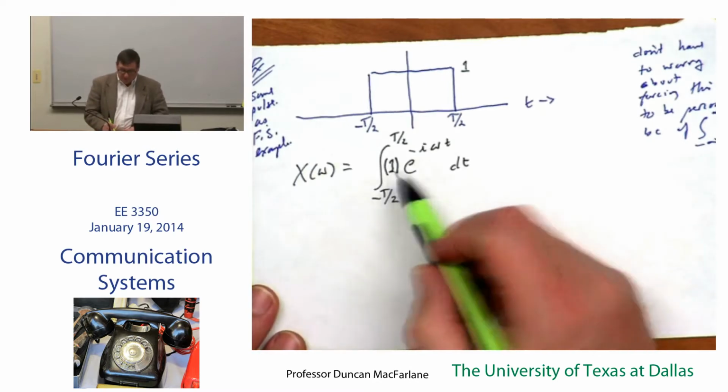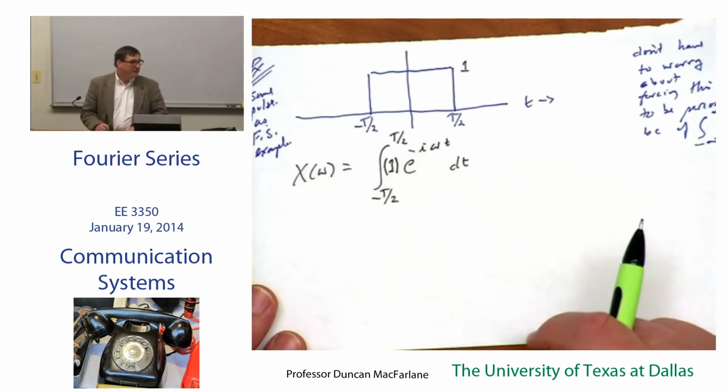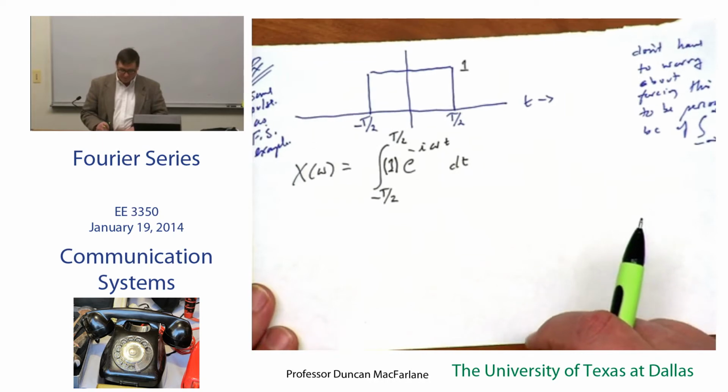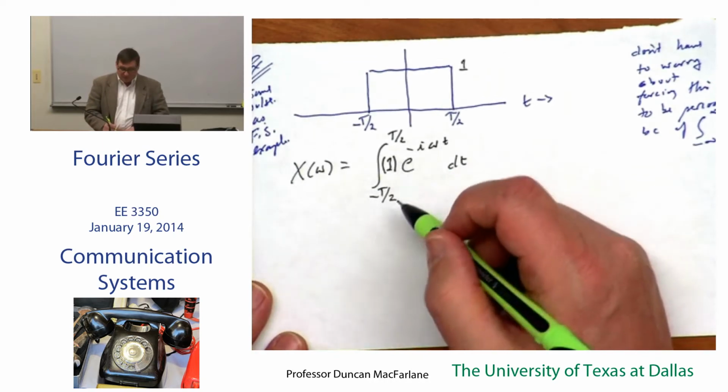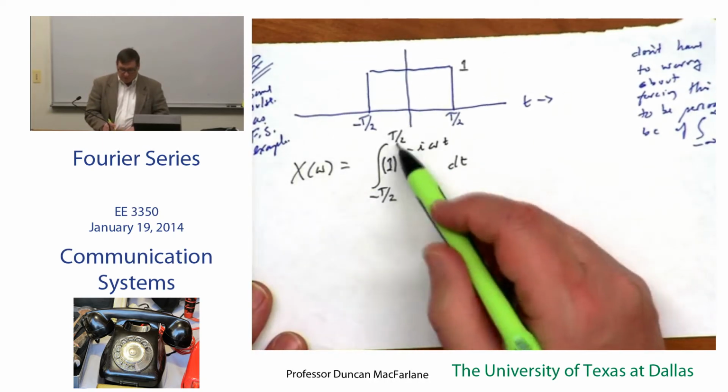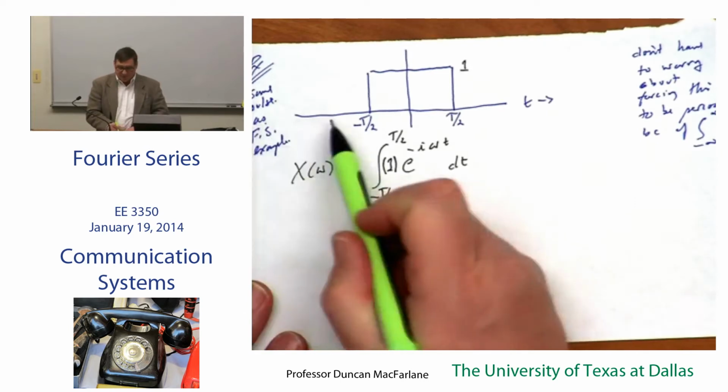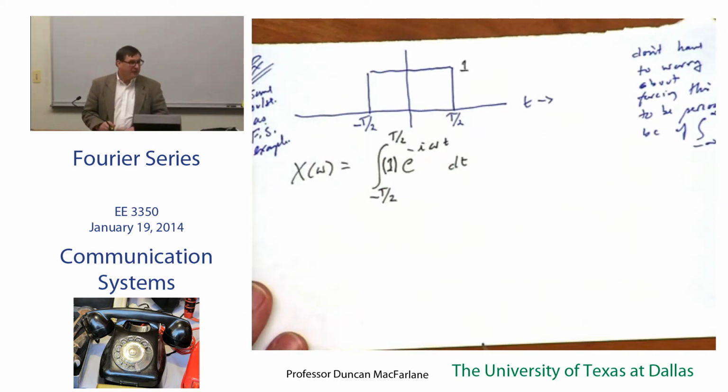But here's my function 1 and here's my kernel. And I've committed the grave sin of replacing j with I. Oh well. And notice that my minus infinity to infinity has been replaced by minus T over 2 to T over 2 because the function is 0 all the way out here and here.